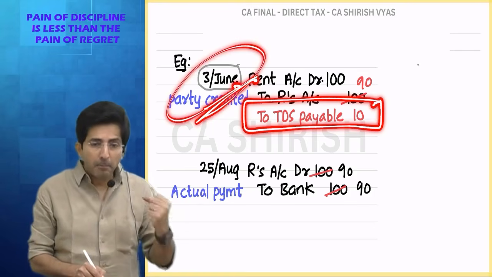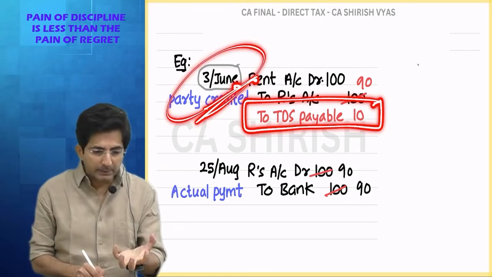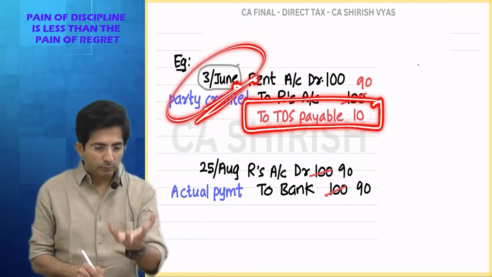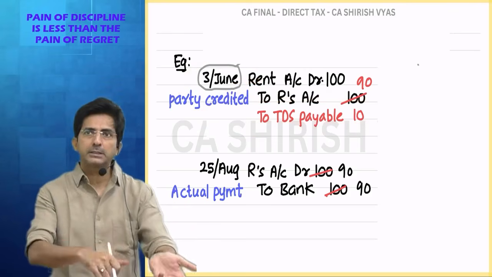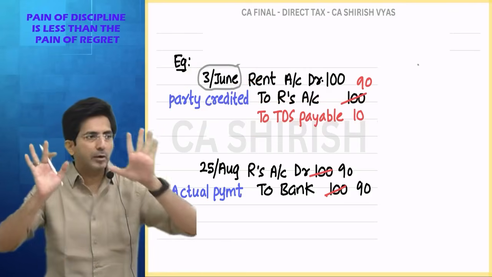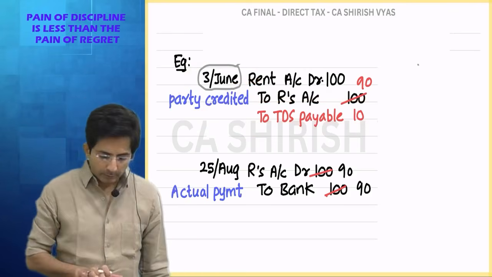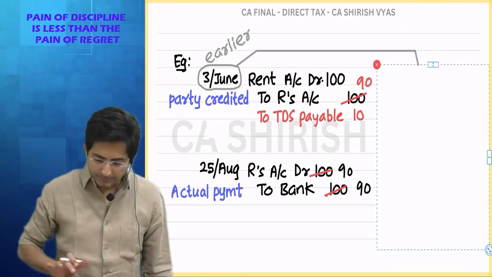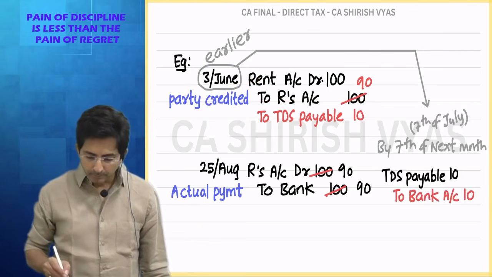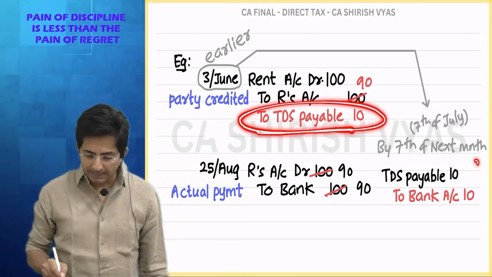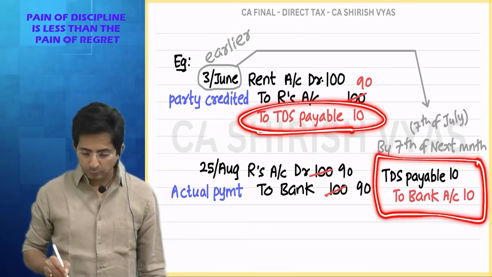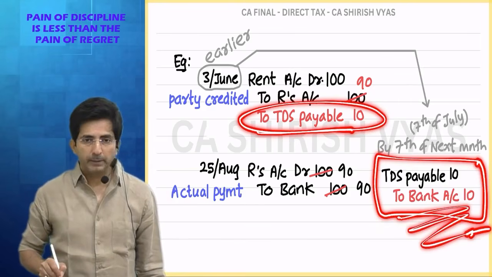June has become the base when the liability has occurred in my books. So take the June month as the base and take the next month. After June, next is July. So by 7th of July, I have to deposit. So tell me, what will be the entry on 7th of July? This TDS payable account, liability will be cancelled and I will have to pay, so to bank account. TDS payable to bank account.